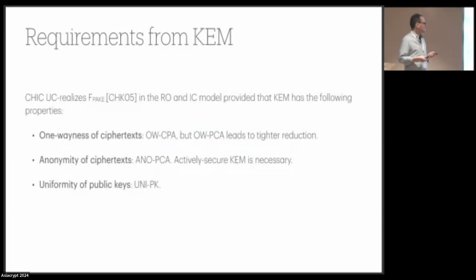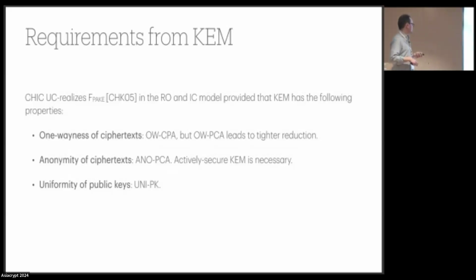We prove that our protocol UC realizes PAKE in the random oracle and ideal cipher model, provided that the CAM has these 3 properties, which are quite standard for CAMs nowadays. The first one is one-wayness of ciphertext, which is strictly weaker than in CCA.